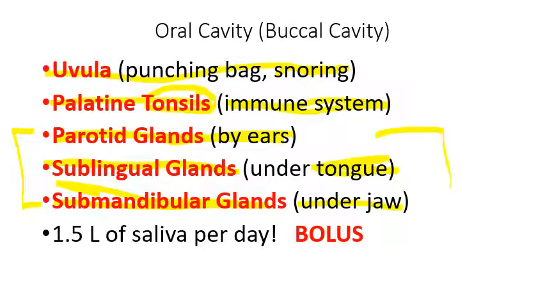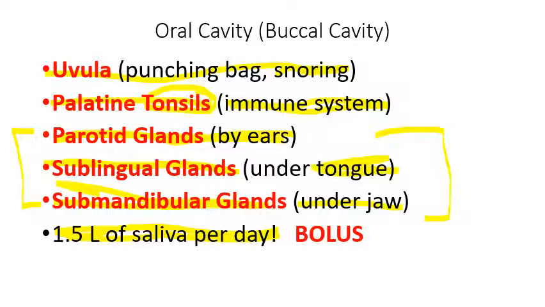And combined, these 6 salivary glands, these 3 sets of salivary glands, produce an amazing 1.5 liters of saliva a day. Now that's a lot. It doesn't seem like a lot because we're always swallowing it, but that is a lot, right? And it doesn't really matter because you're reabsorbing it in the colon anyway, so it's not like you lose it.